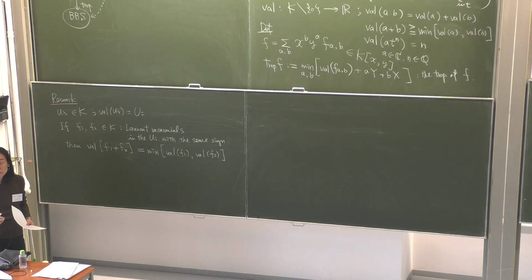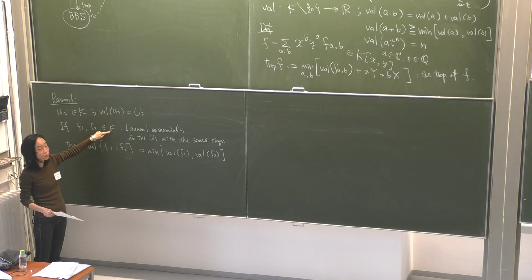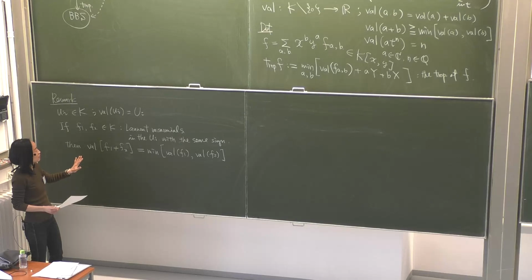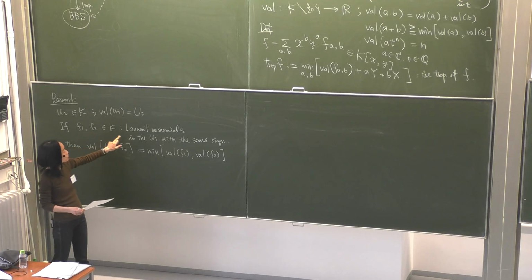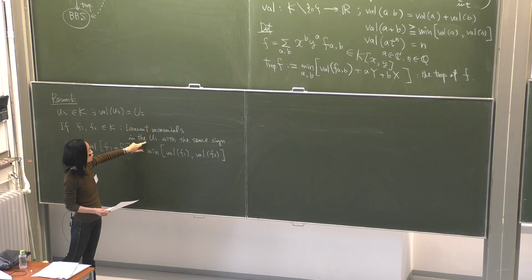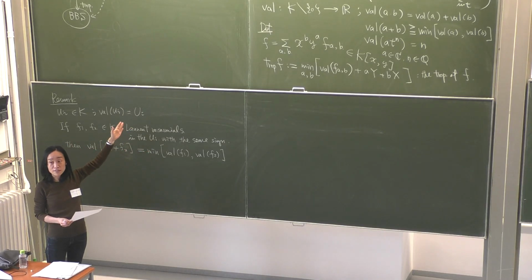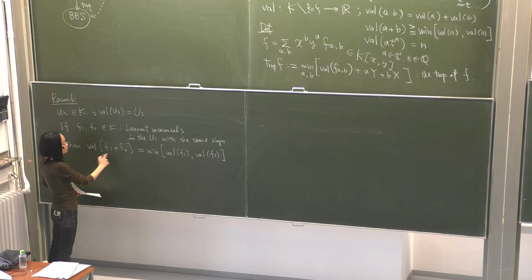Let F1 and F2 be Laurent monomials in the u_i whose coefficients are in C, for example, and assume that their signs are the same.